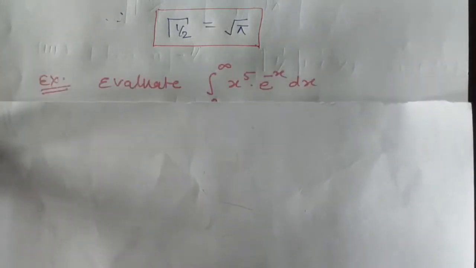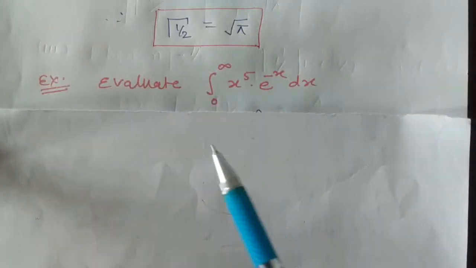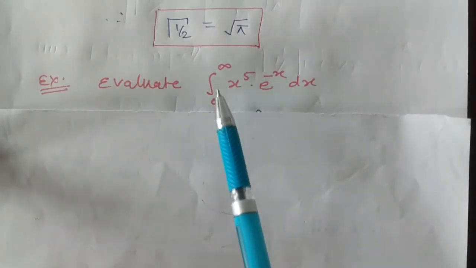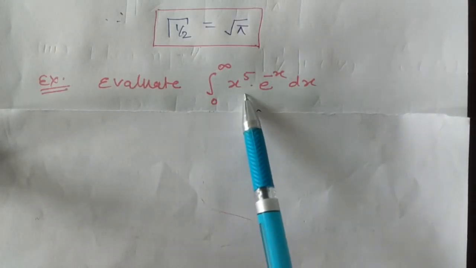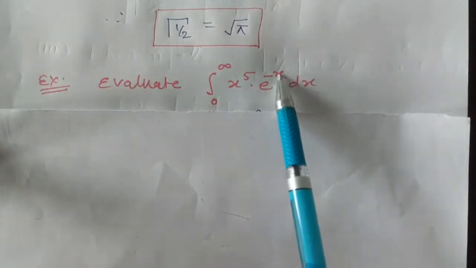In the next three examples, we evaluate some definite integrals using the gamma function. So our next example is: evaluate the integral 0 to infinity x power 5 into e raised to minus x dx.